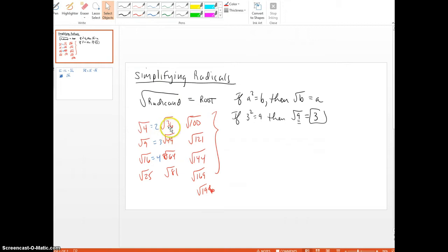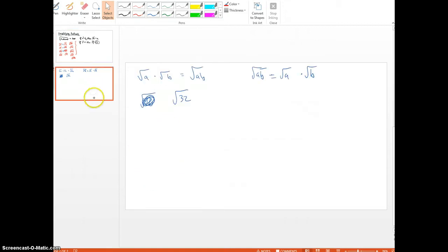I like to start from the top. Does 36? No. Does 25? No. Does 16? Yes. 16 goes into 32, so we break this up into the square root of 16 times the square root of what times 16 gives me 32? 2.